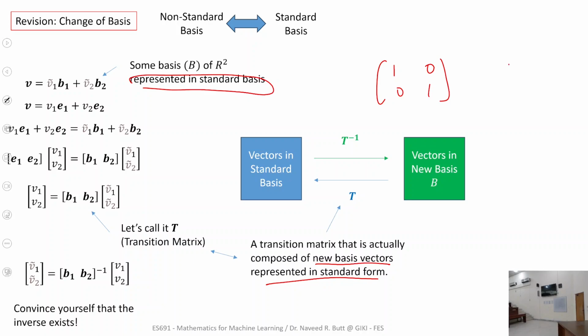Let's say I make another basis 1 minus 1 and 0 1. Okay, let's say. Yeah. So this is non-standard basis. These are b1 and b2.